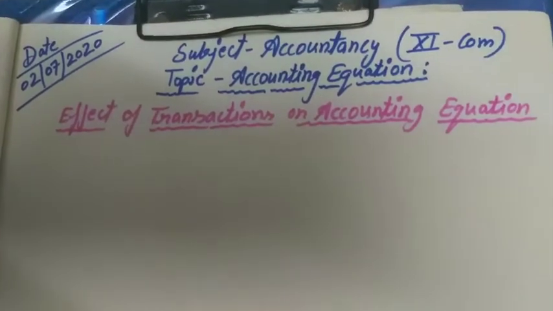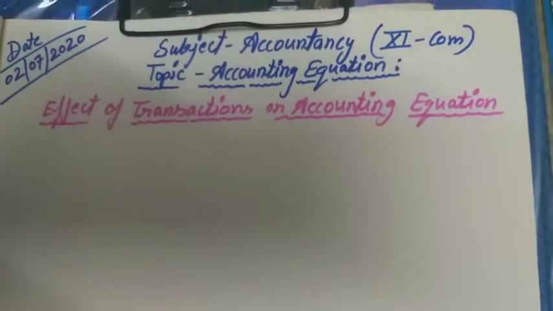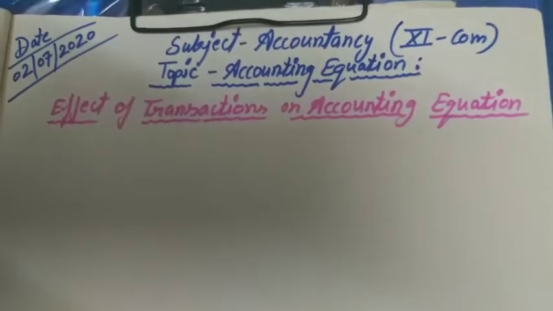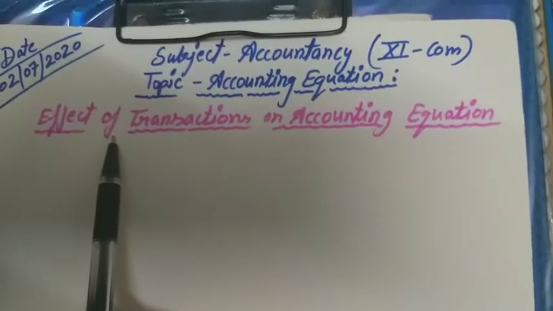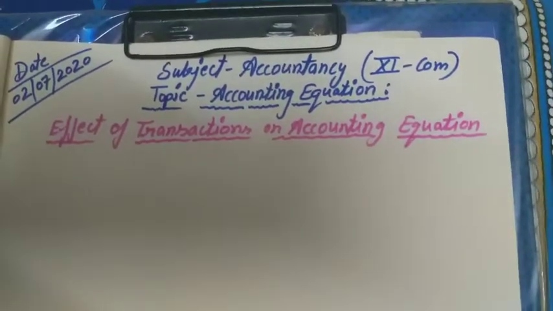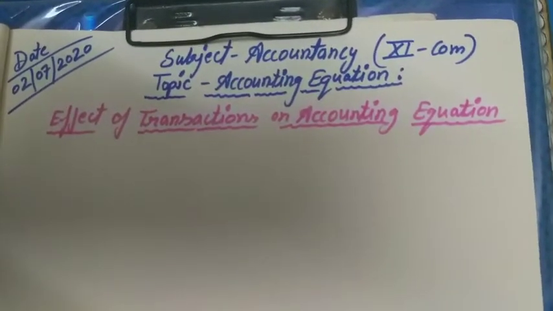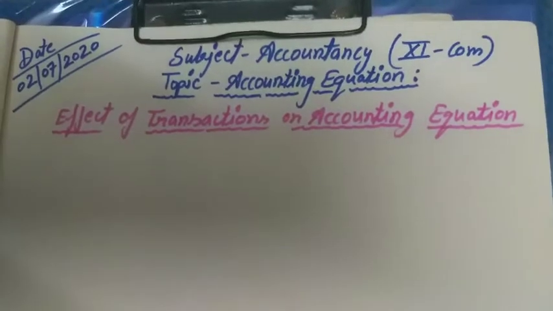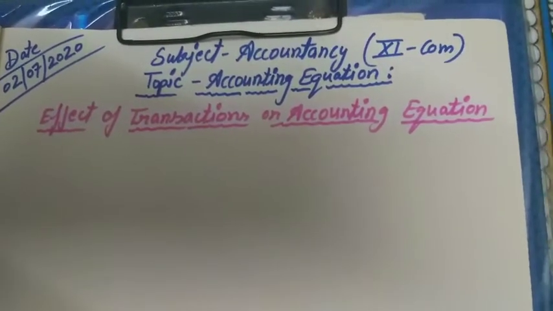So here we can see the effect of transactions on the accounting equation. What transactions are there and how they will affect the accounting equation.